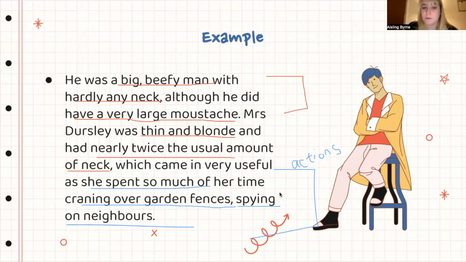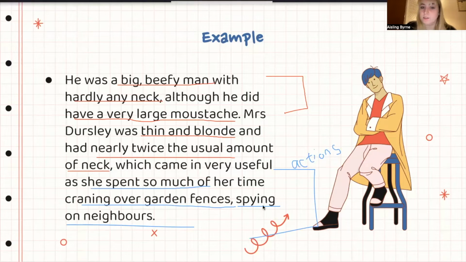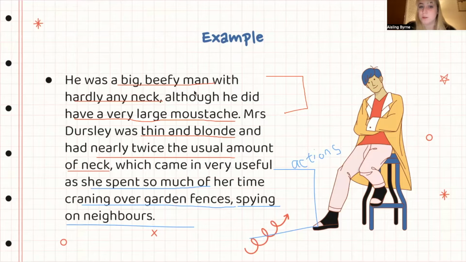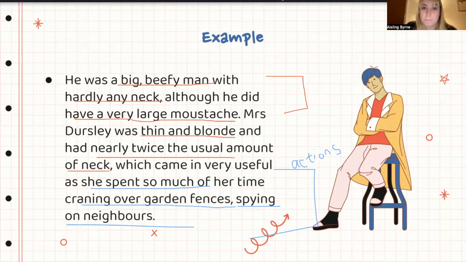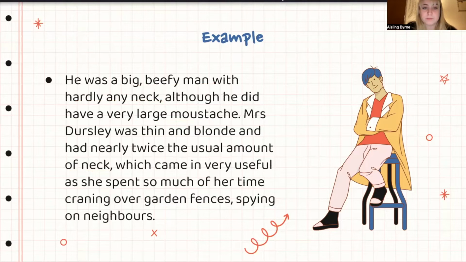So maybe that might tell us that she's a nosy neighbor, that she's always poking her head in other people's business. Maybe she's always distracted by what's going on out on the road, and we don't see the same actions from Mr. Dursley up here, who's just the big beefy man.